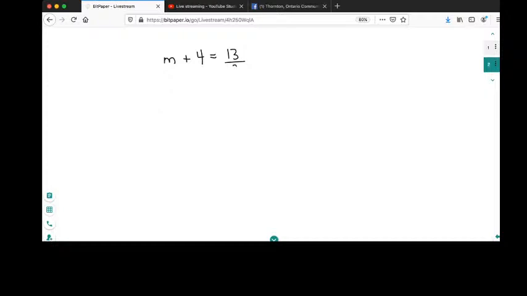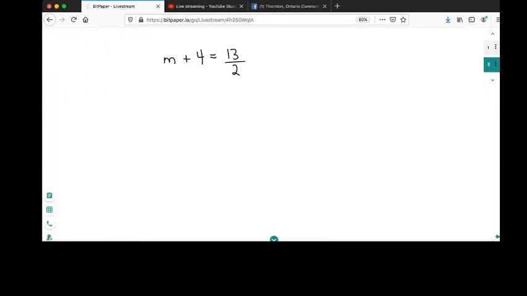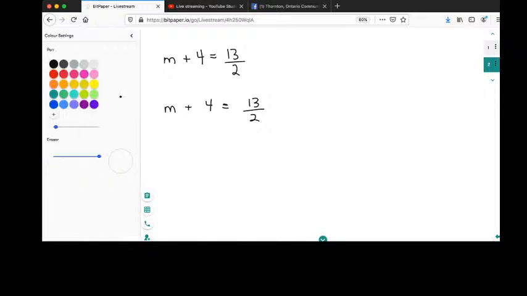I'm going to use a different color here just to illustrate what I'm doing. First I'm going to rewrite the things I have in black again. So m plus 4 equals 13 over 2. And now I'm going to do this multiplication.